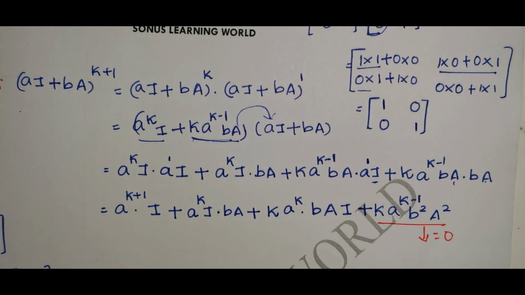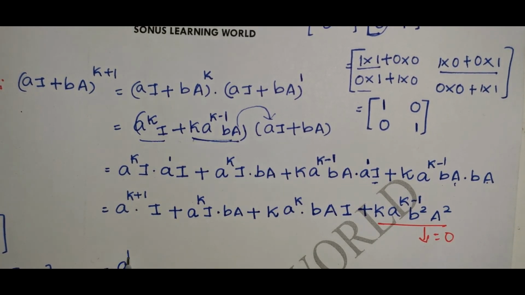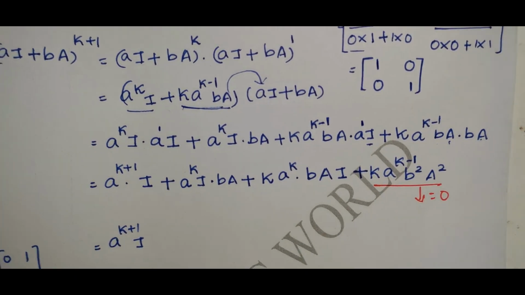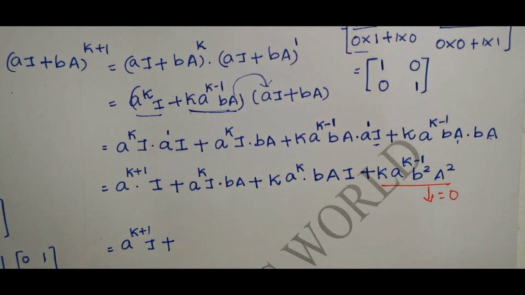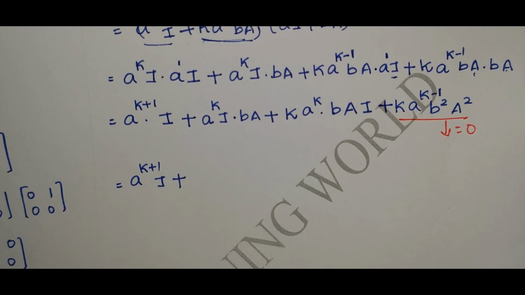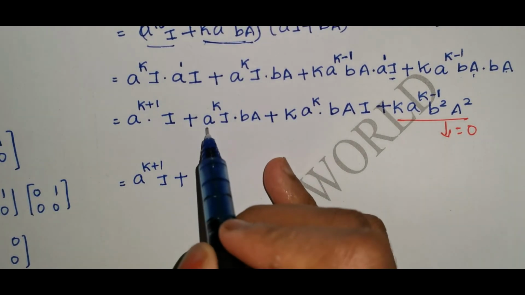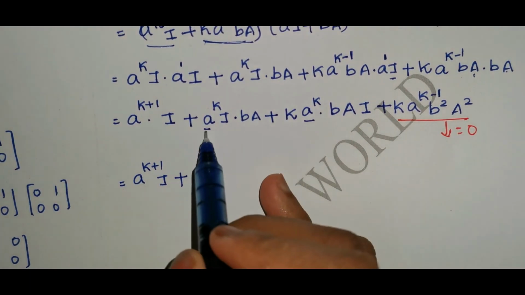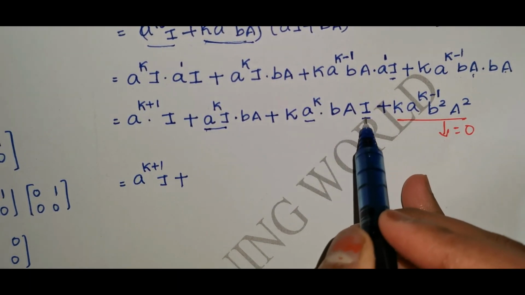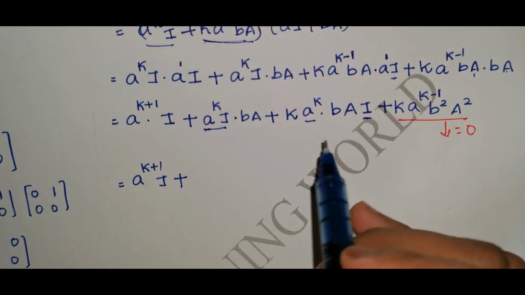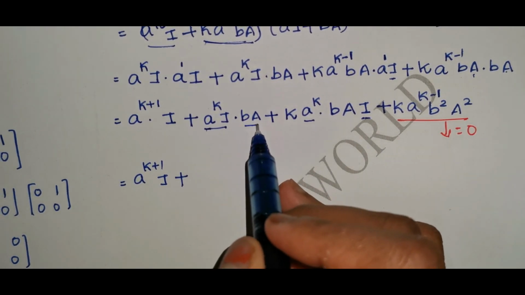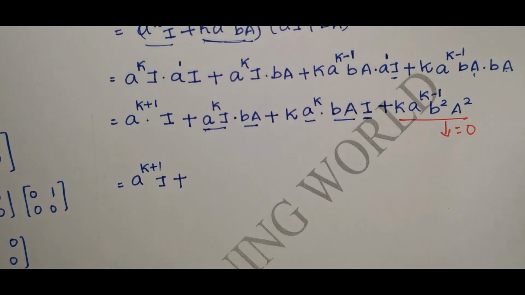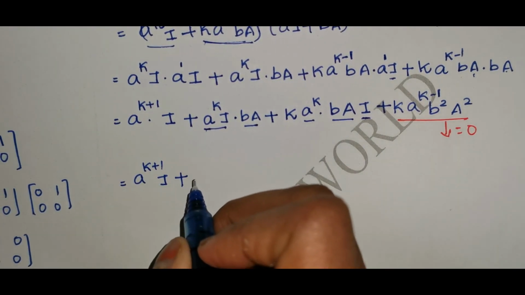Okay, so next we can write A raised to K plus 1 I. Our first term I am writing again, plus. From the remaining two terms we can take something common, students. So what can I take common? A raised to K is common here, and here A raised to K is common. This I is common here, and here I is also there. BA is also here, here also BA is here. So what can we take as common?